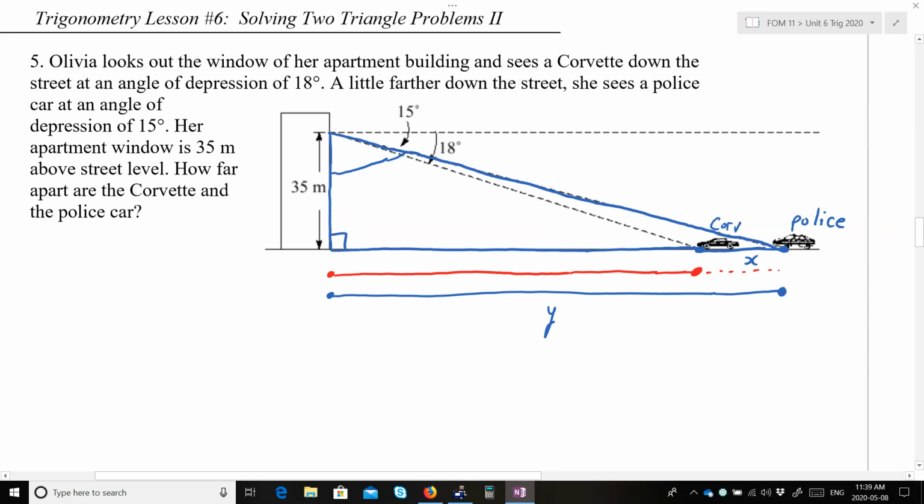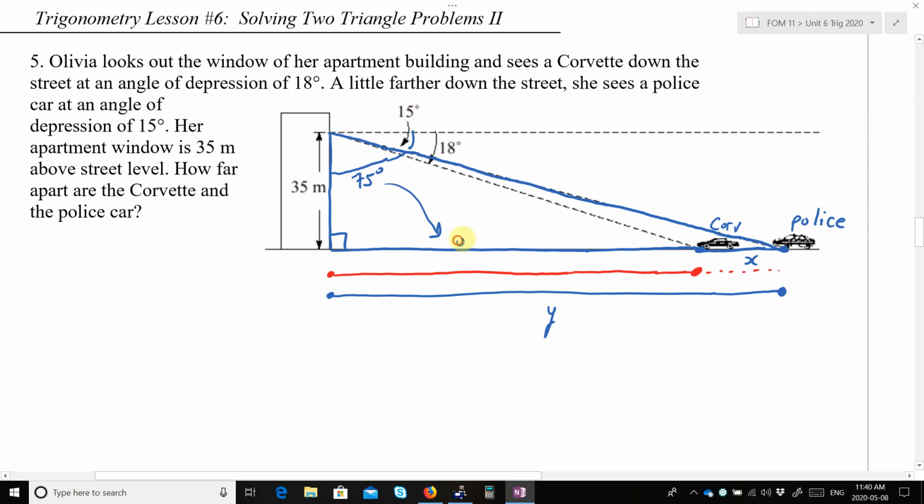There's the 90. We went to the upper dotted line, and it's saying that this is 15 degrees. Remember, the whole angle is 90 from the dotted line to the building, so 90 minus 15 gives us this angle of 75 degrees that we need.